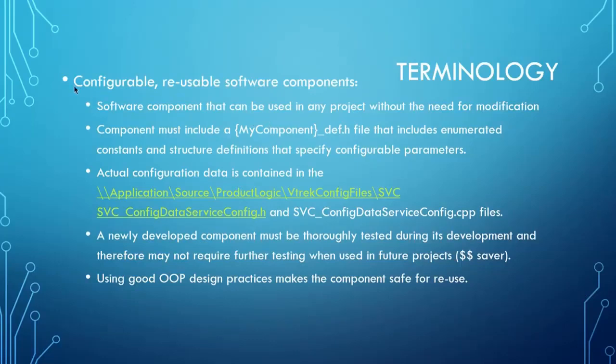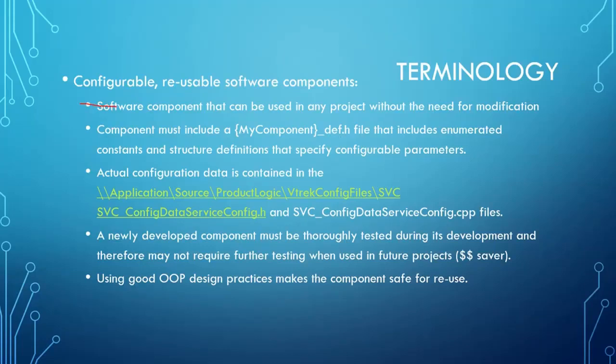As far as terminology, let's start with what we mean when we say configurable and reusable software components. These are components that can be used in any project without the need for modification, and we do that by making them configurable. So you enter configuration data, and that way there's no need for updates to the actual component itself.